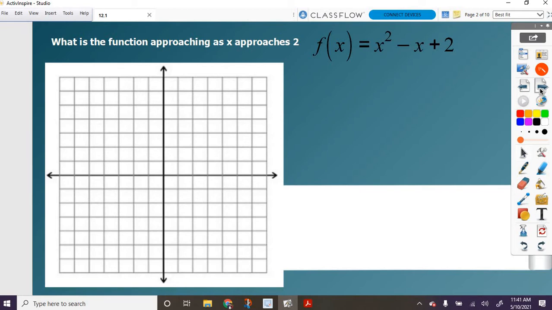So remind me, what is the big or main point that we like to look at first when we're graphing a parabola? Your vertex. Remember, your vertex is kind of what everything is centered around, alright? So there are two ways for us to find our vertex. Do you remember what they are?